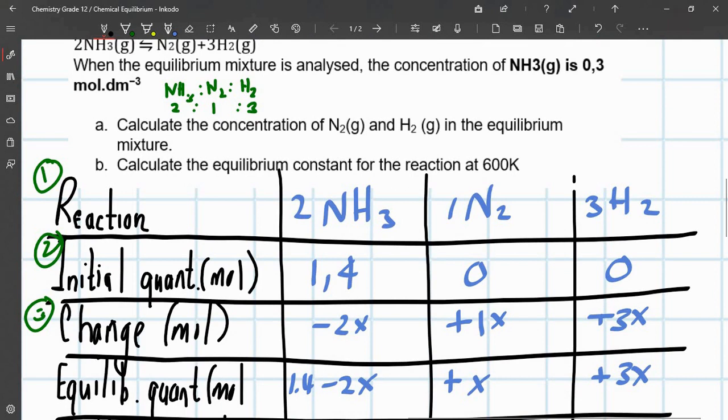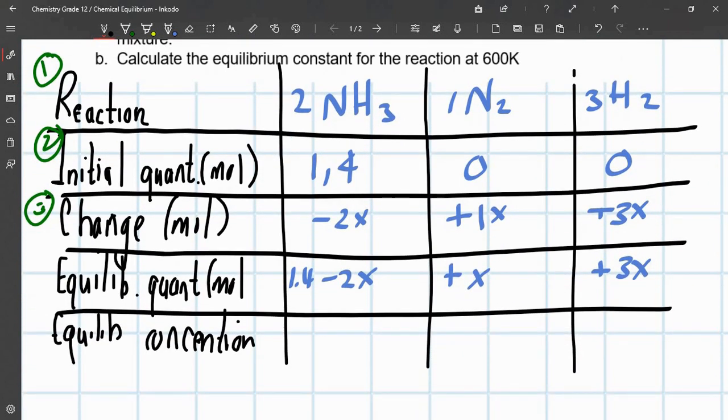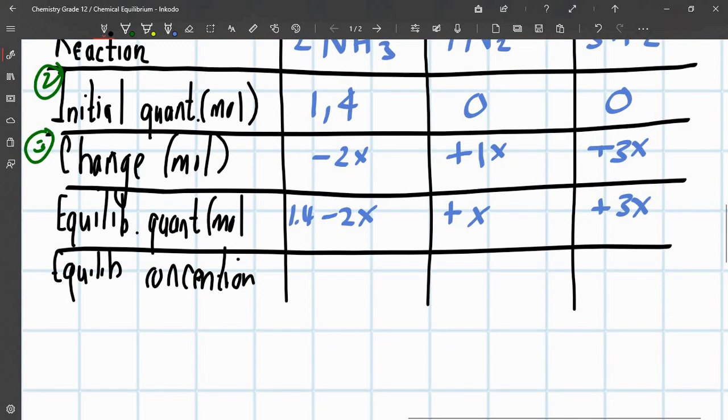In order to calculate the number of moles, given that we have the volume in decimeters cubed and we have the concentration, we can calculate the number of moles. We're not given grams or anything. In this case we use the formula for concentration, C equals n over V, and from here we know that n is equal to CV.